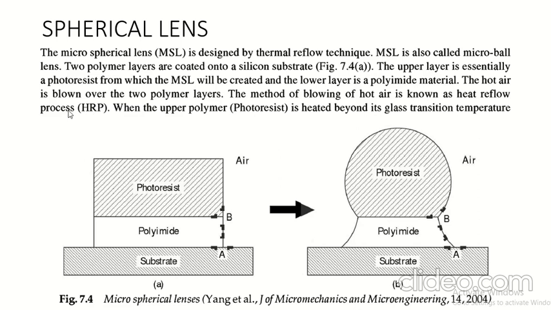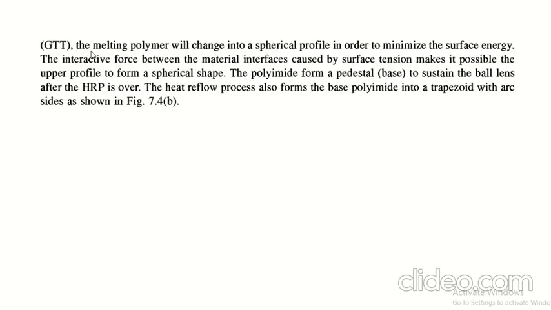So the main thing to understand is that spherical lenses are fabricated or designed with the help of thermal reflow technique, in which the hot air is blown on the top layer of this photoresist material. When the upper polymer, that is the photoresist material, is heated beyond its glass transition temperature, the melting polymer will change into a spherical profile in order to minimize the surface energy.